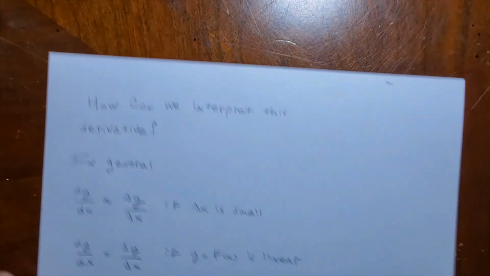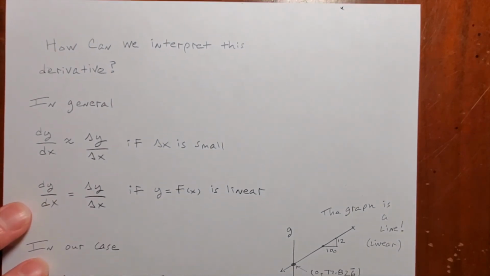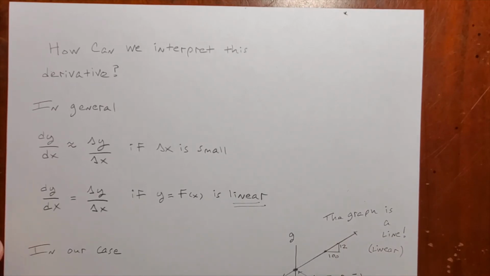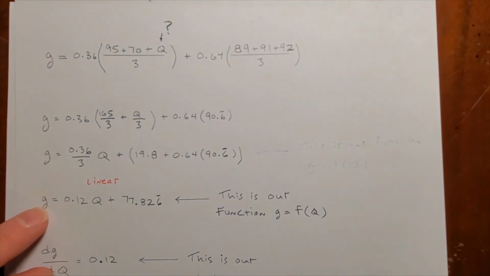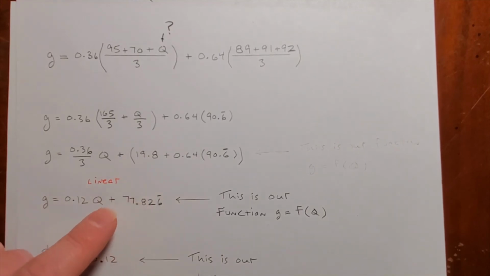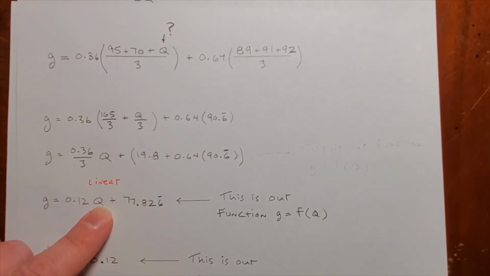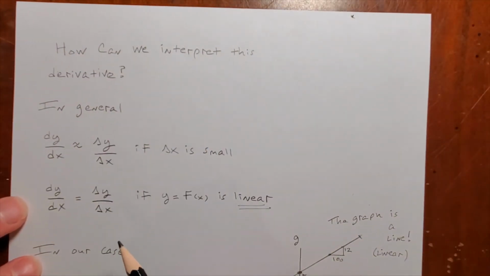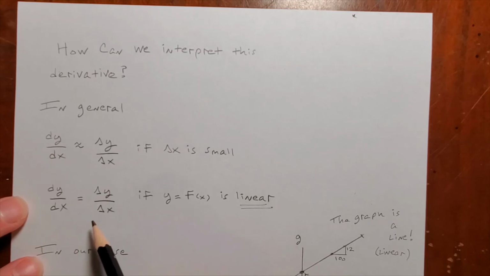Now, I want to tell you something that I started the video with. If you have a linear function, which we would in this case, the grade in the class is a linear function of the score on the very last quiz. Okay? If you have a linear function, then the derivative is equal to the average rates of change.